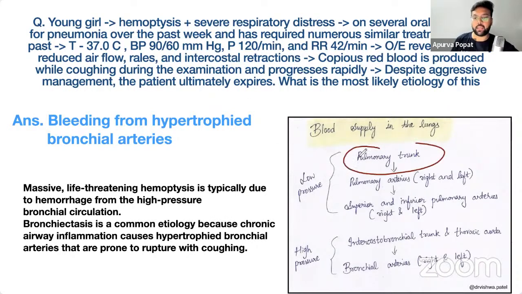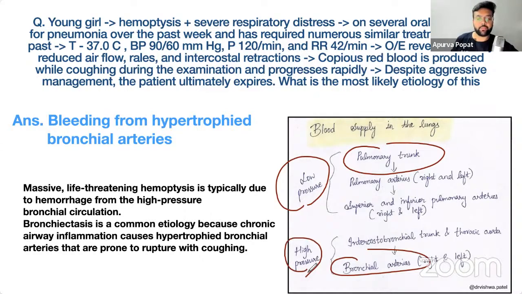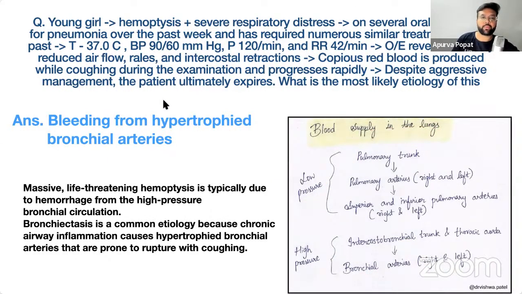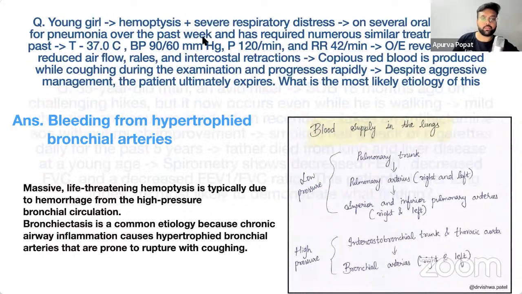The pulmonary trunk is a low pressure system. The bronchial artery branches directly from the thoracic aorta and some from the intercostal bronchial trunk as well. The pulmonary veins are a low pressure system. So that was a little bit of an anatomy question.